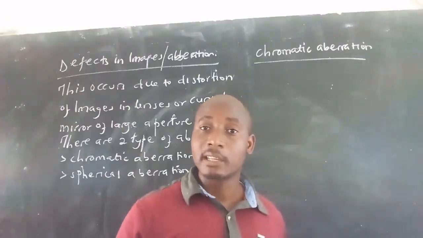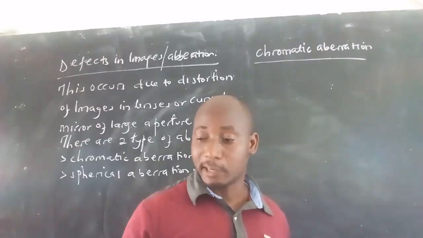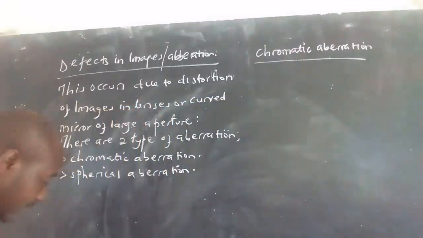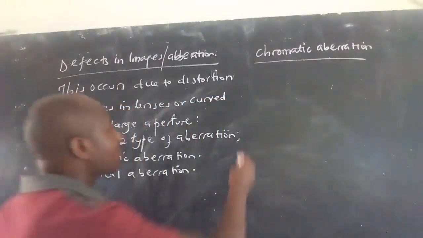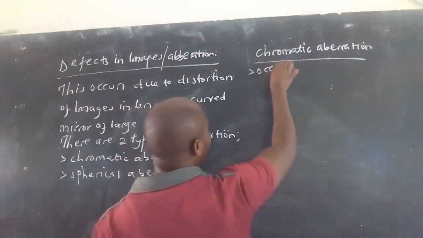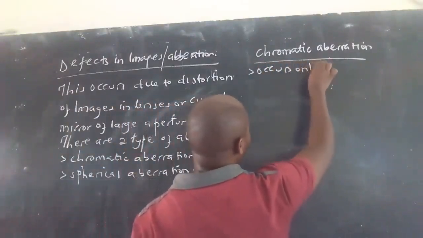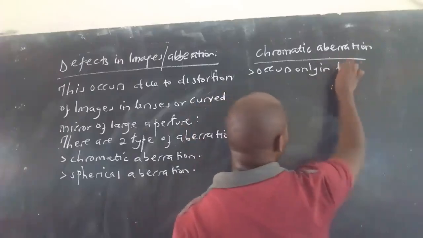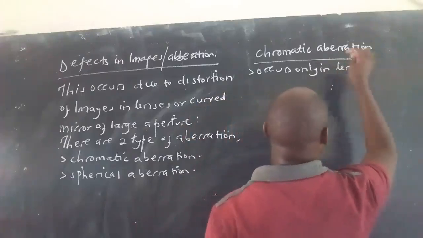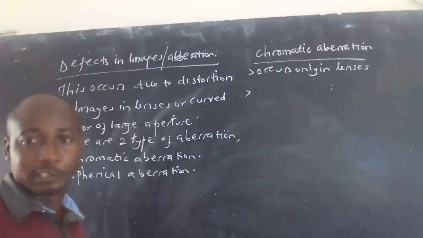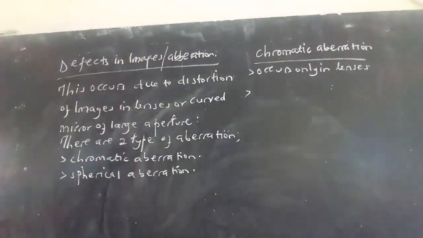So we have two types: chromatic aberration and spherical aberration. Starting with chromatic aberration, this occurs only in lenses. That's the first point to note.